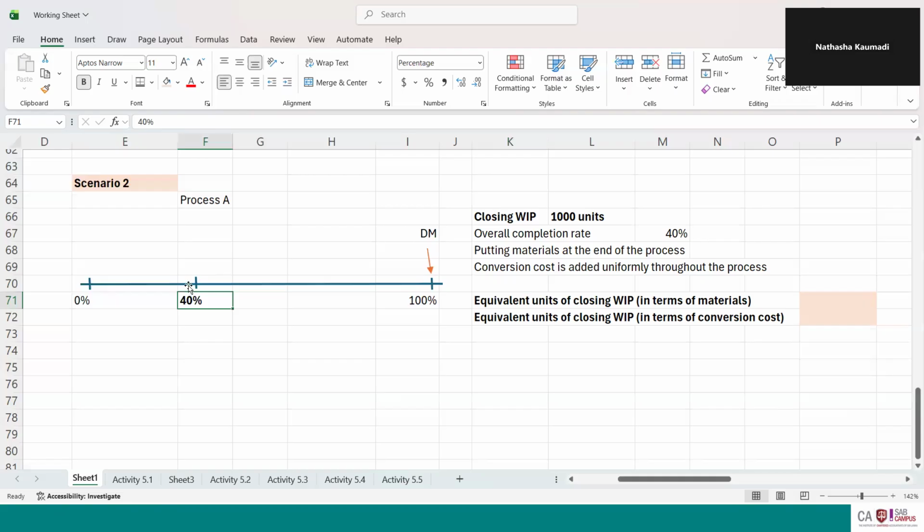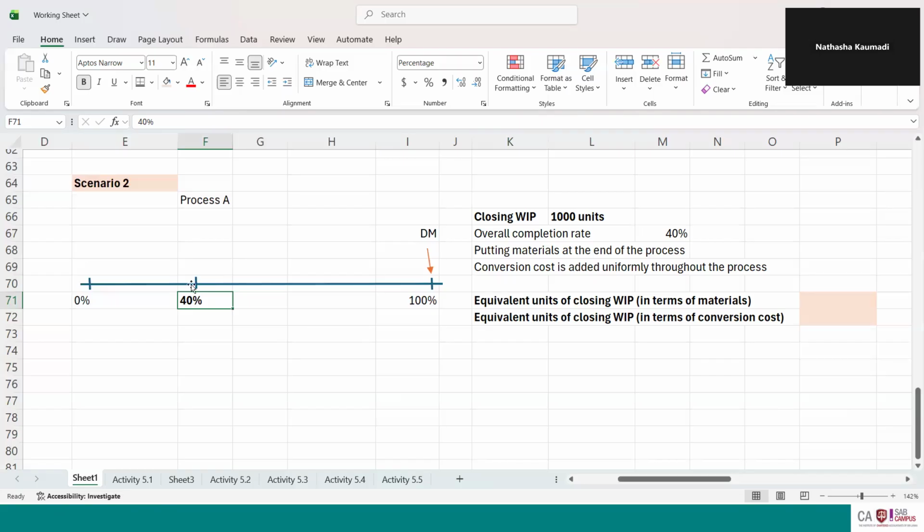Overall, we have 40% completed. That's a different story. In terms of materials, what is our completion rate? Have we received the materials we need at the point of 40%? Not yet, because we are going to receive our materials when we reach 100%.